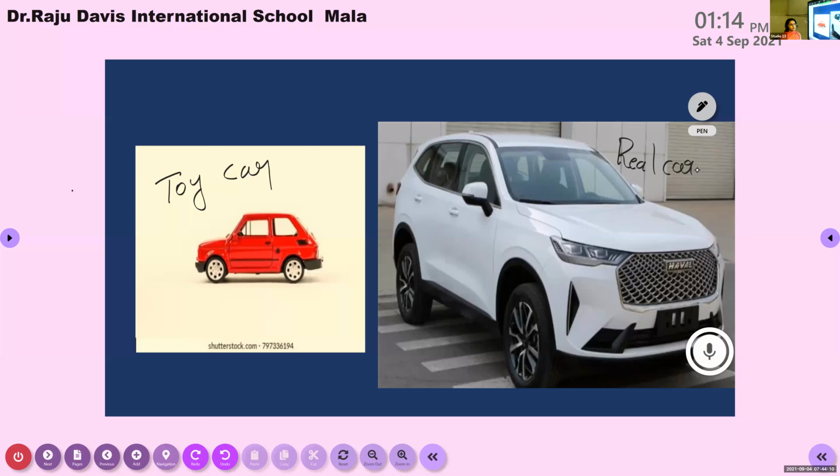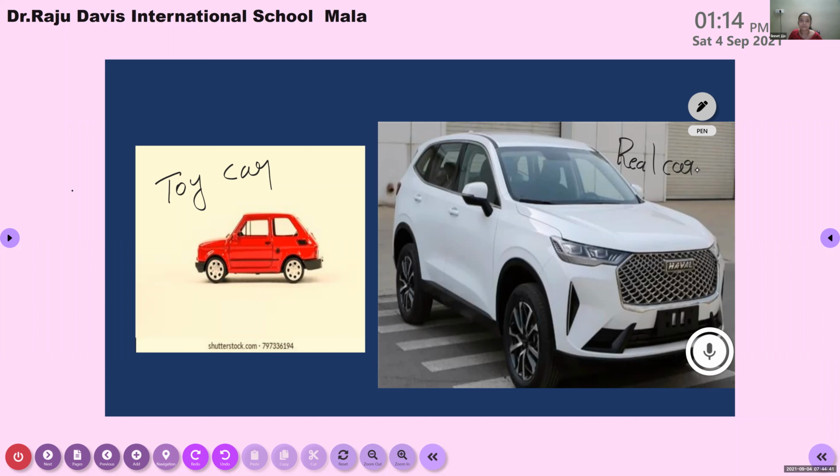What about the mass of these two cars? Which one possesses greater mass? The real car. The real car possesses the greater mass as compared to the toy car, right? Now imagine these two cars are in motion. To which of these cars do we need to apply a greater force in order to stop its motion?